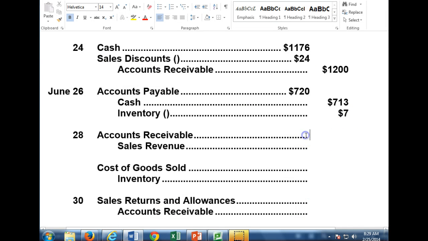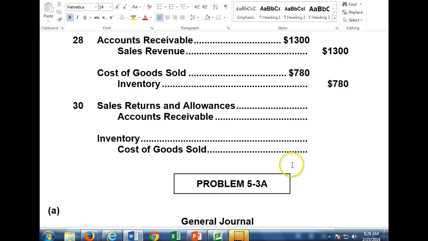Again, we need to do two transactions here, an accounts receivable and sales revenue, along with the cost of goods sold. So the accounts receivable is how much, guys? $1,300. Sales revenue of $1,300. Cost of goods sold is how much? $780. Anyone have questions on that? Does that make sense?